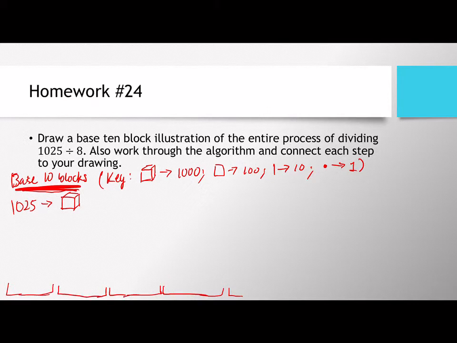Okay, so I want 8 bins. There's 8 bins there: 1, 2, 3, 4, 5, 6, 7, 8. But I can't take my 1,000 block and divide it into 8 bins. I have to break it up into pieces. Now the next unit down is going to be flats.